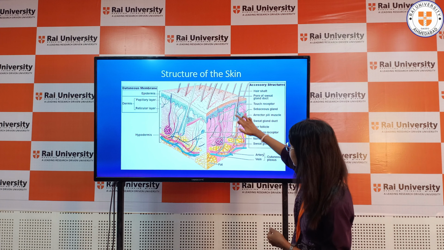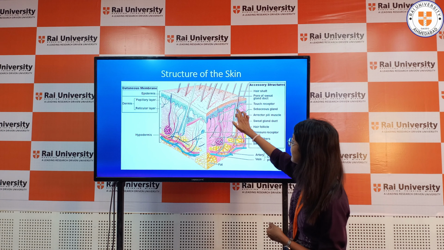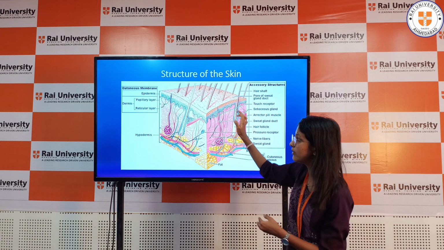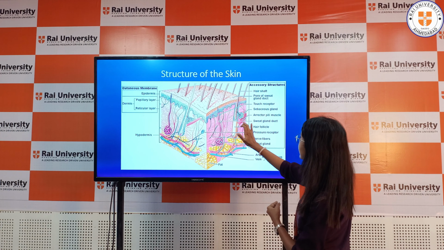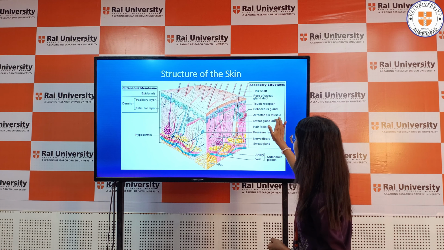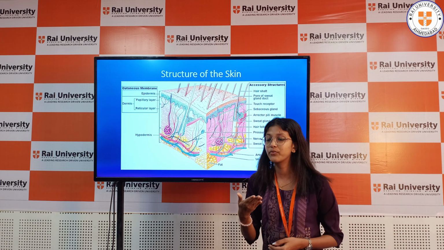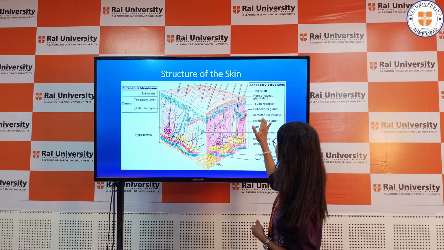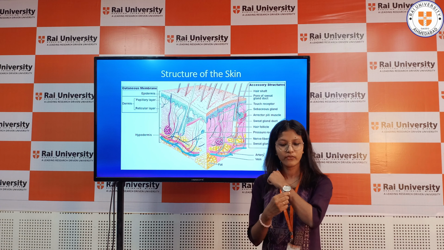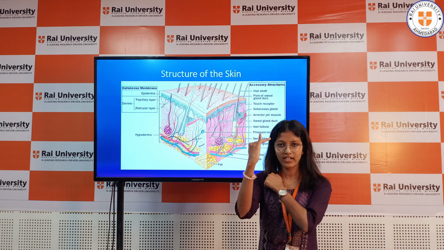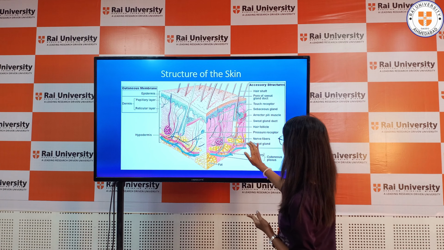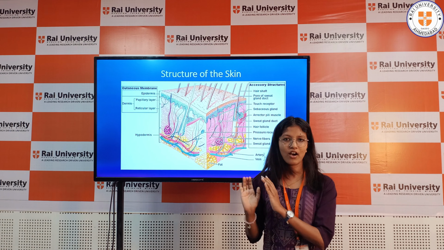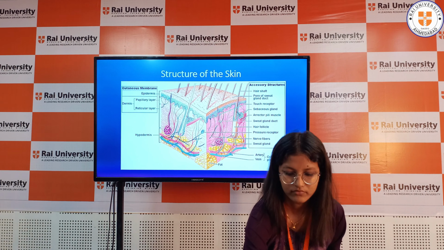And we have hair shaft also, arising from our hypodermis. There you can see sweat glands, and the erector pilae, that we all know, for goosebumps. Whenever we get goosebumps, because of this erector pilae muscle only, our hair will become like this. So this is about the structure of the skin.